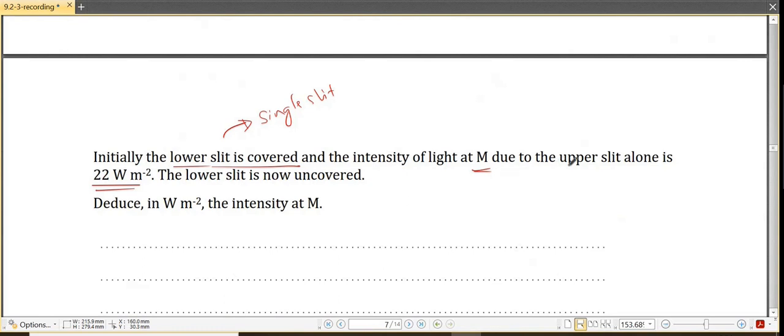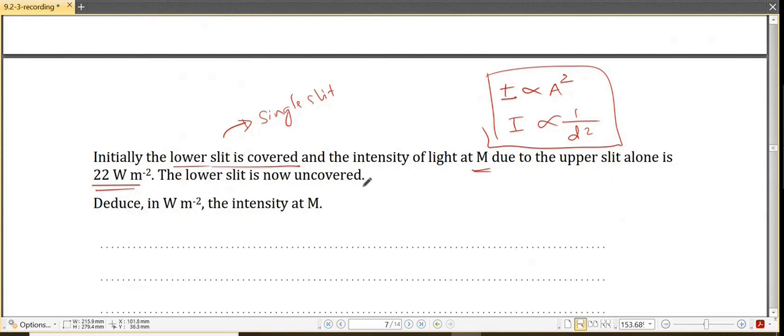Okay, they're talking about intensity. What's the relation between intensity and amplitude and distance? We know that intensity is proportional to amplitude square, and intensity is inversely proportional to distance square. Just randomly I mentioned it, maybe it is useful, let's see.